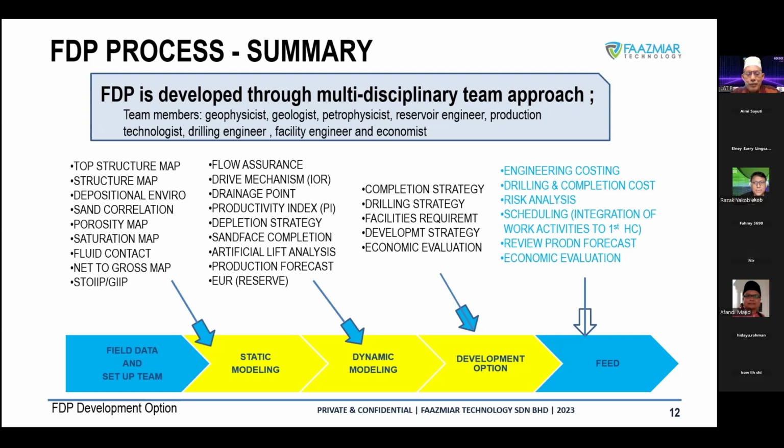Then finally, they will come up with the oil in place, STOIIP, stock tank oil originally in place, and gas initially in place, GIIP. Sometimes we just call it GIP. So gas in place and oil in place.